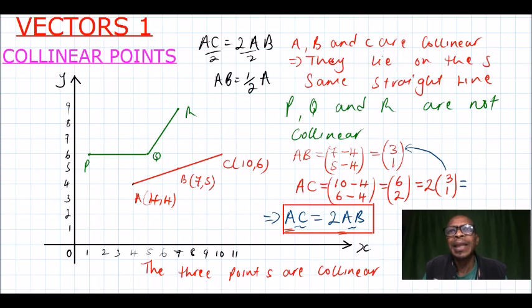You see now, a half here is a scalar. So we can express AB as a scalar multiple of AC, and they share a common point A. That is how we conclude that the points are collinear.